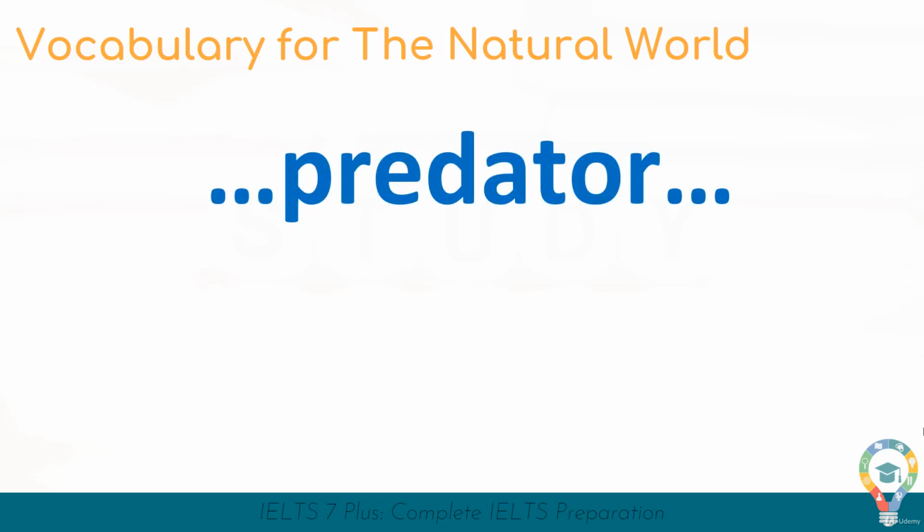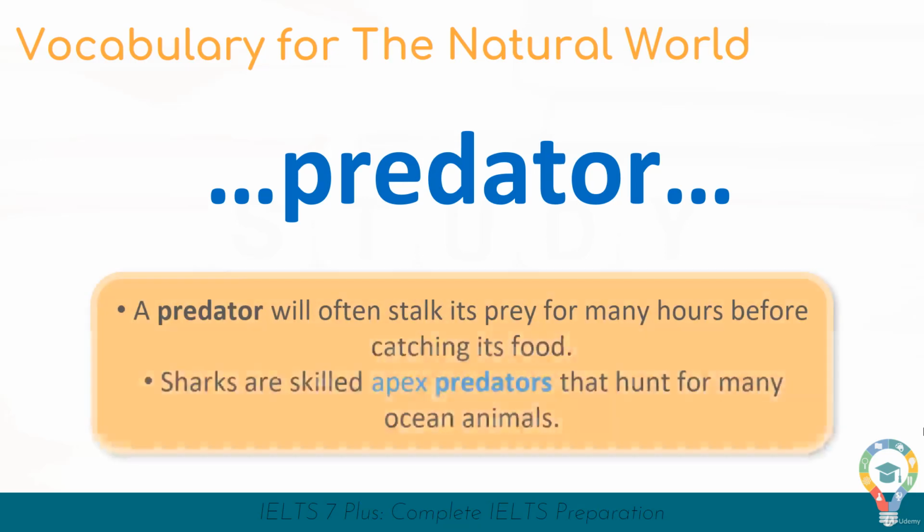Okay, a predator. A predator is an animal that kills another animal for food. A predator will often stalk its prey for many hours before catching its food. Sharks are skilled apex predators that hunt for many ocean animals.